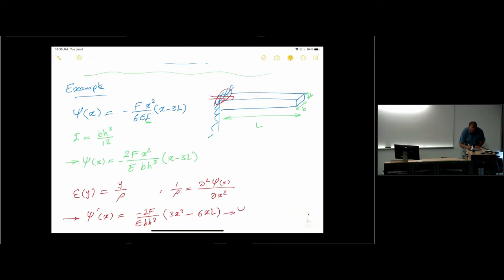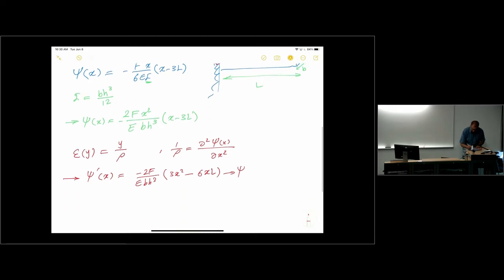And therefore the second derivative of psi is going to be minus 2F divided by EBH cubed times 6x minus 6L. Okay? And so that's the second derivative.